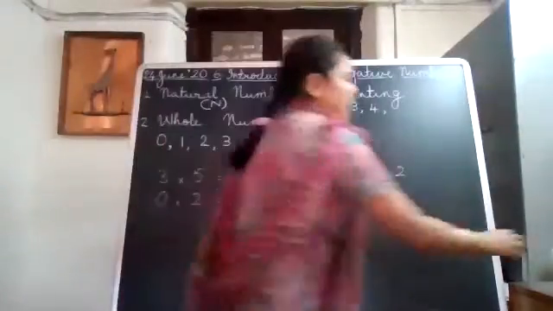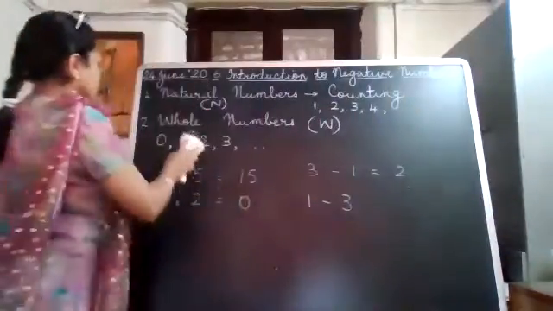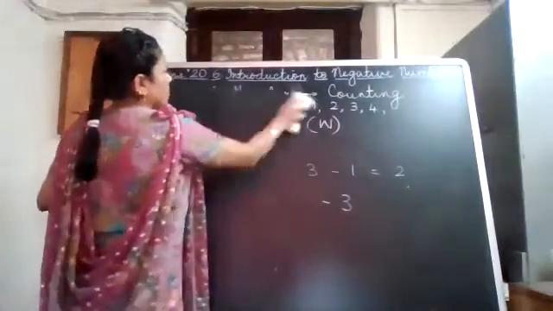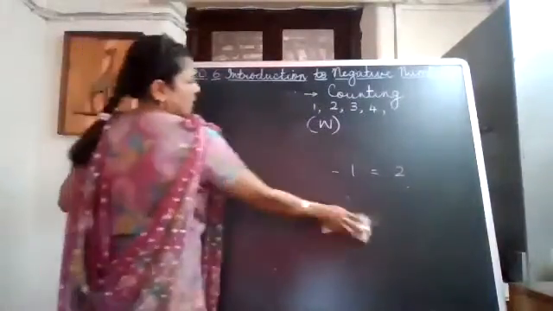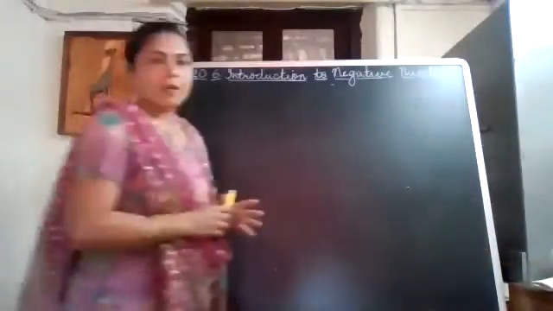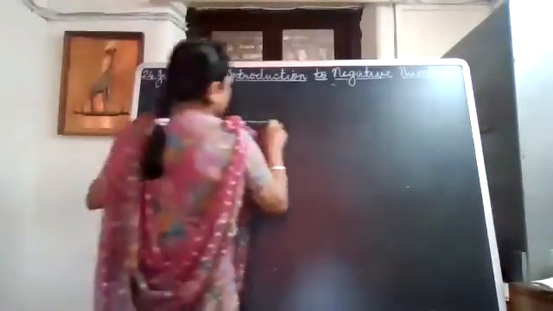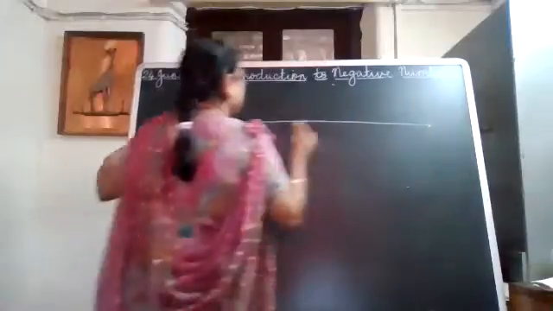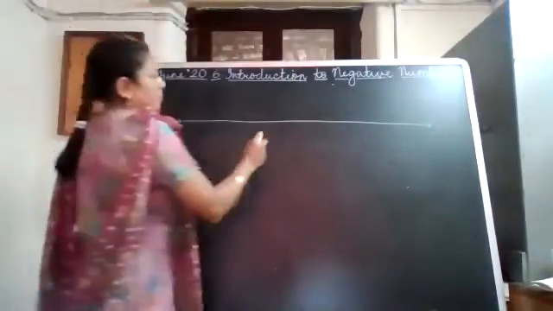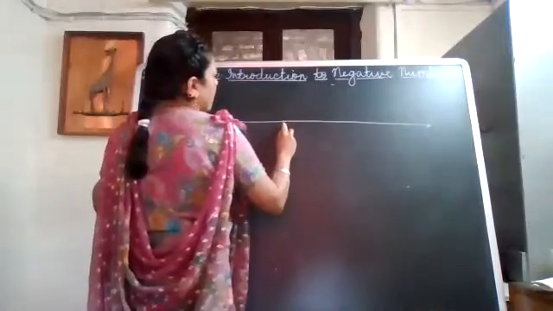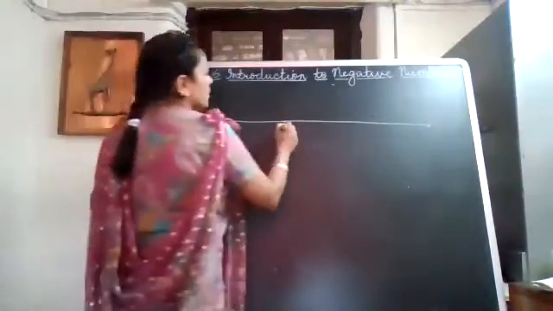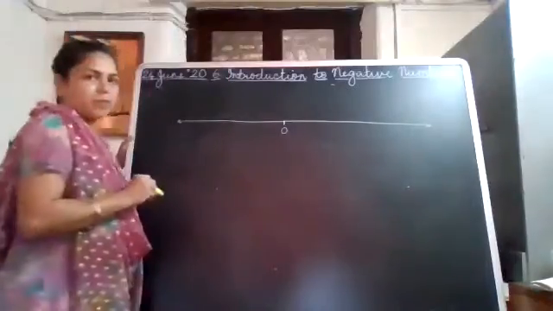To understand the concept of numbers, first of all, there is something called a number line. Number line is not a real line. It is imaginary. So what is this number line? Any line that you draw, you have to use a ruler and a pencil, but I am drawing it freehand. At the middle of this imaginary number line, we have the number 0.